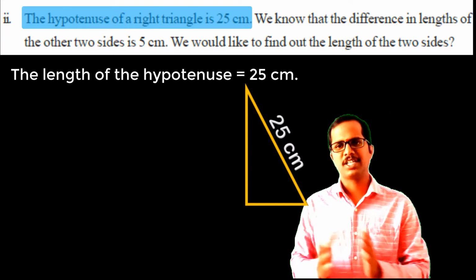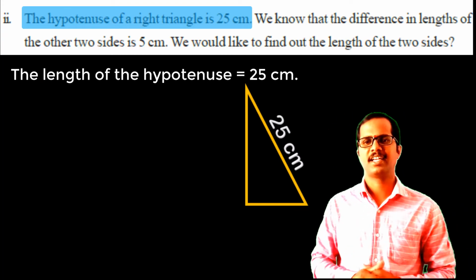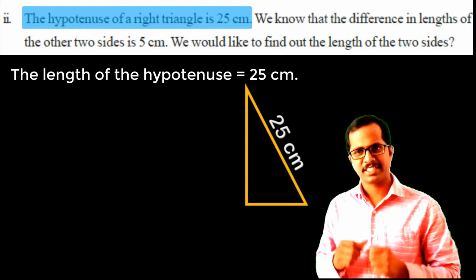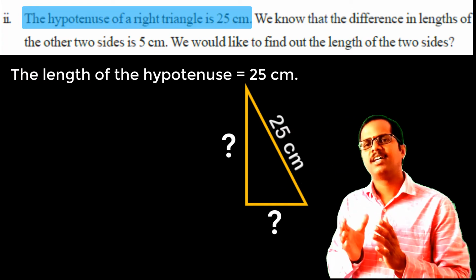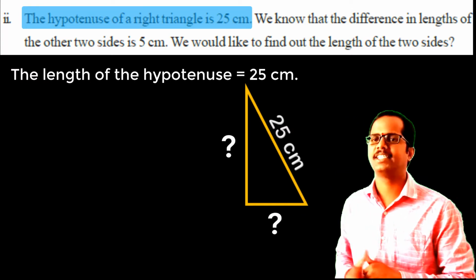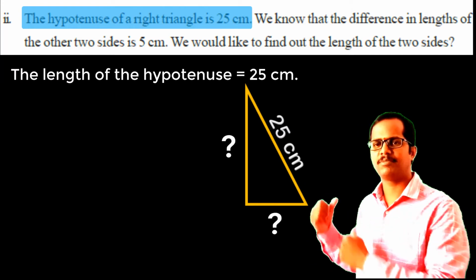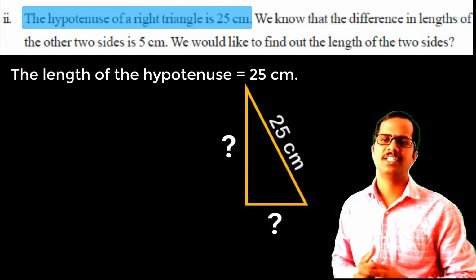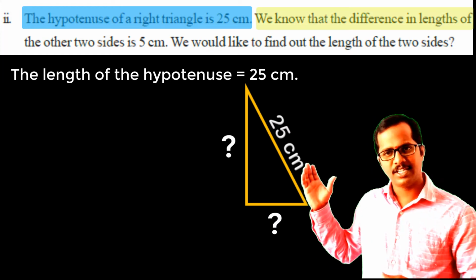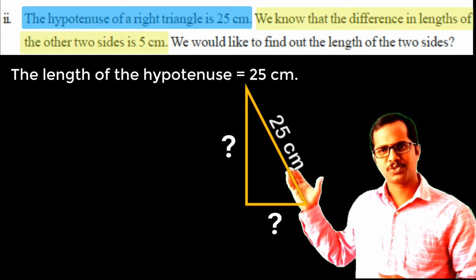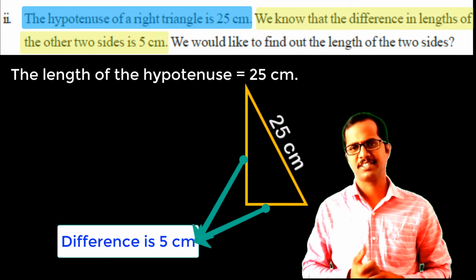Now coming to the other two sides in the right angle triangle, here the other two sides are not given, but the relationship between the two sides is given. So what is the relationship that the two sides have here? The difference in the lengths of those two sides is given as 5 centimeters.